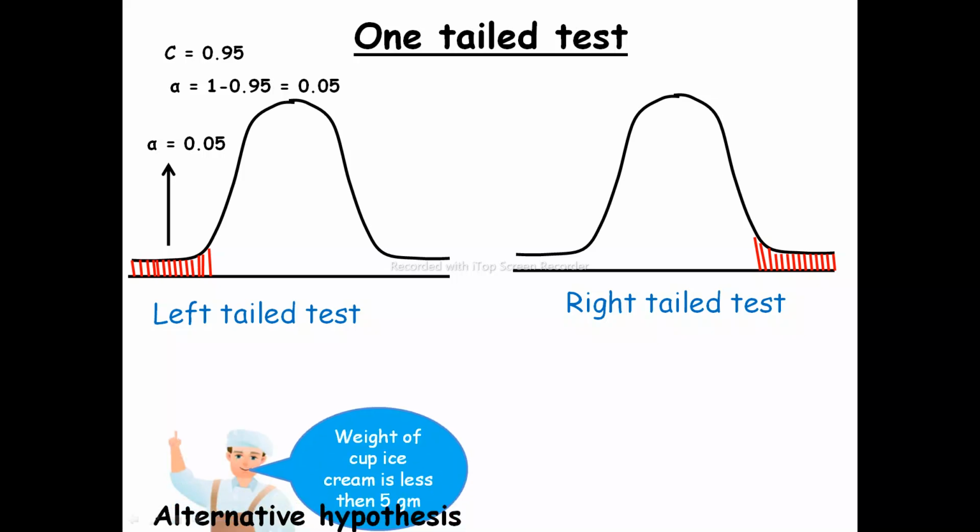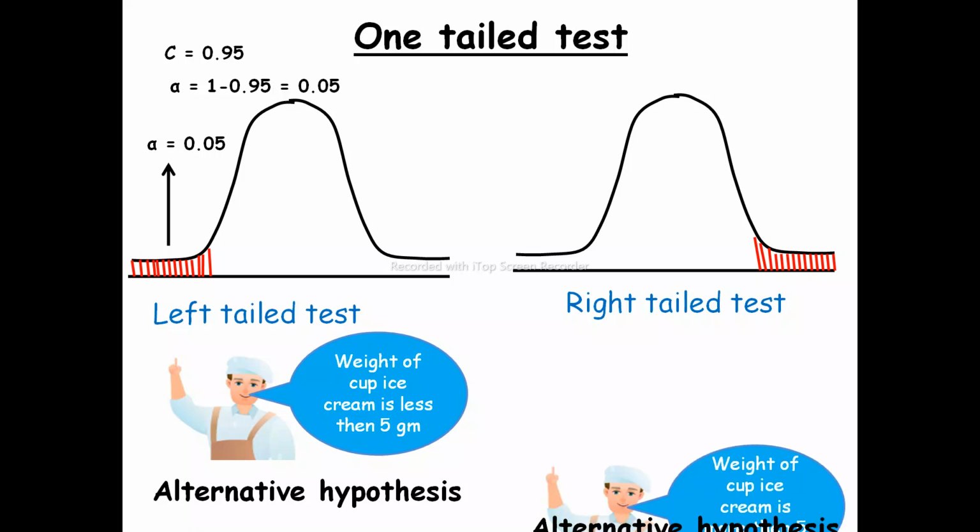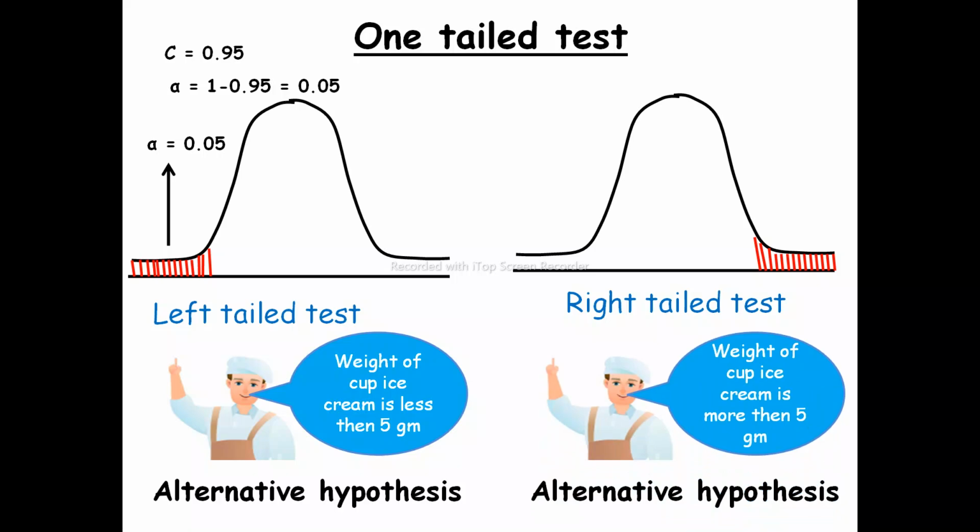Let us say the alternative hypothesis says that the weight of the cup ice cream is less than 5 gram. If it's less than some number, then you need to use the left-tailed test. And if the hypothesis says that the weight of cup ice cream is more than 5 gram, then you need to use the right-tailed test. So when it is less, then left side. If it is more, then right-tailed test.